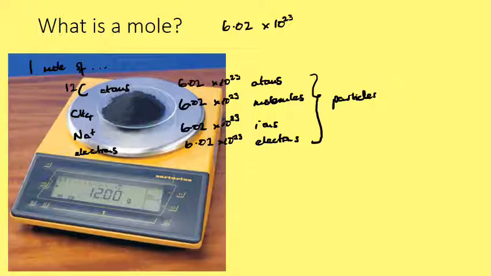You can see on the scales we've got 12 grams to 2 decimal places, at least 12 grams of carbon-12 atoms. So a small handful of carbon atoms. In that little pile of black carbon, there are about 6.02 times 10 to the 23 atoms, and they have a mass of 12 grams.